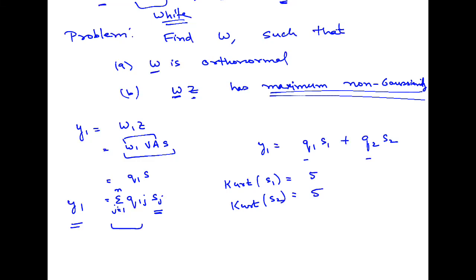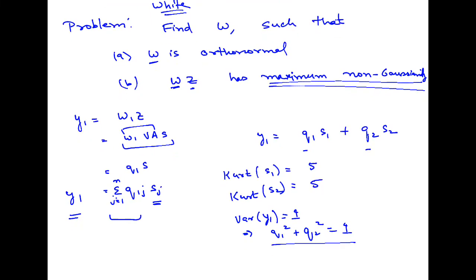We also have the constraint that the variance of Y1 equals 1. So this constraint actually implies Q1 squared plus Q2 squared equals 1. So I'm combining the signals subject to the constraint that the variance of Y1 is equal to 1.